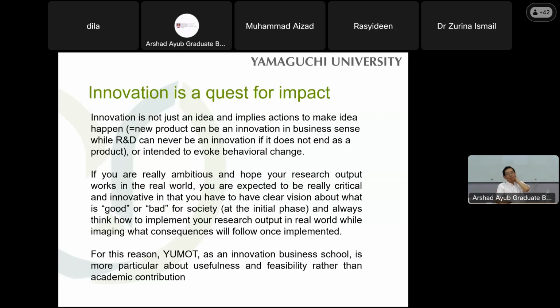But before talking about the live case, I want to stress to all of you, especially youngsters, what is innovation all about in the real sense? Innovation is not just an idea. Innovation implies action to make the idea happen.